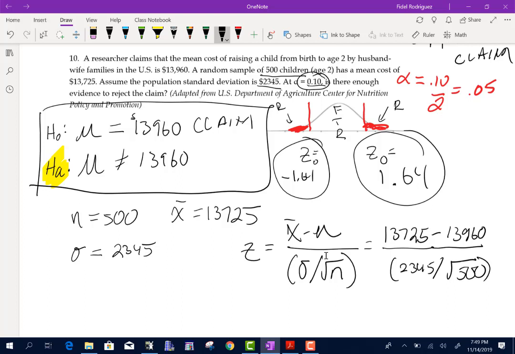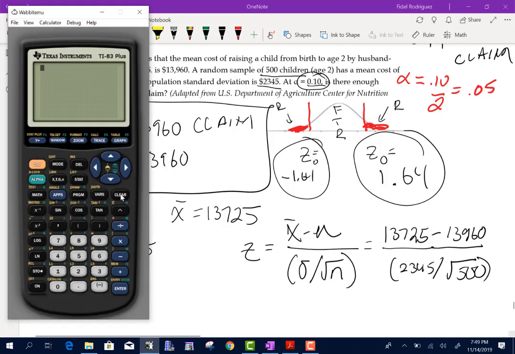Okay. So guys, remember, you're not having to do as much of this here because all you're doing is just plugging the numbers in, right? What am I going to type in first? 13,725, right? Minus what number? 13,960, okay, equals, okay. Now we're going to go divided by, everybody agree, parentheses?